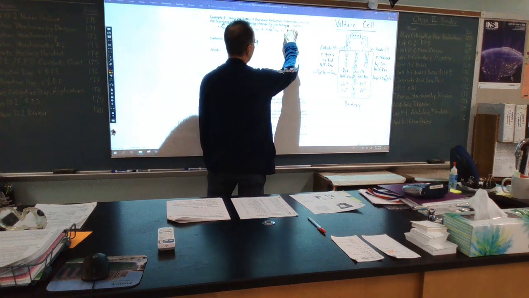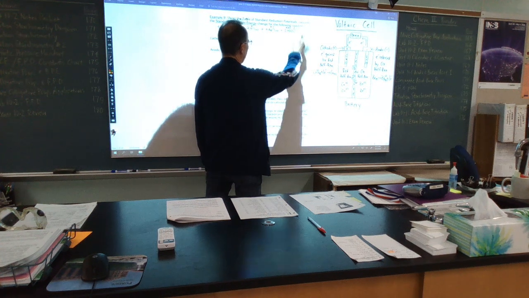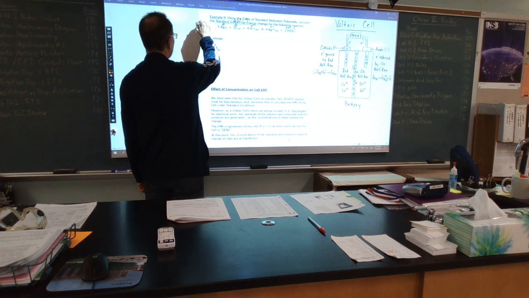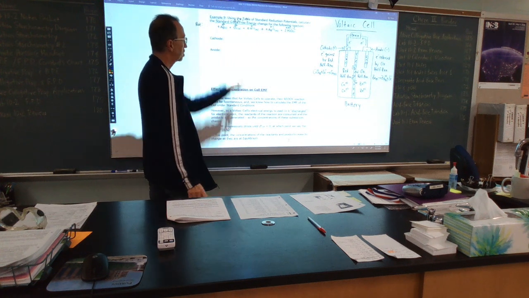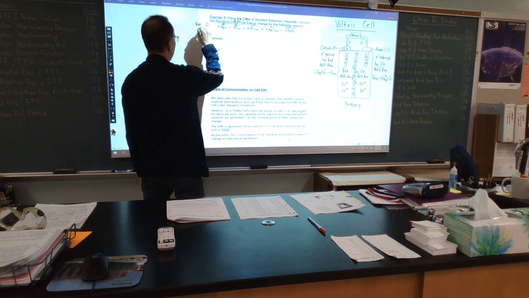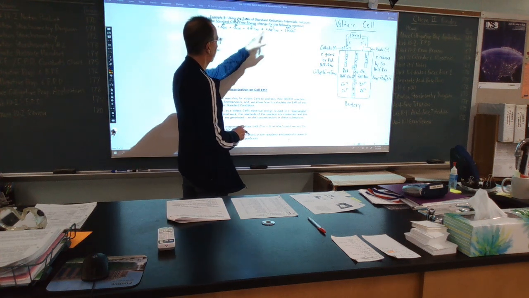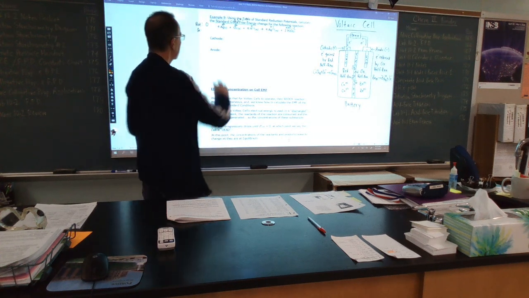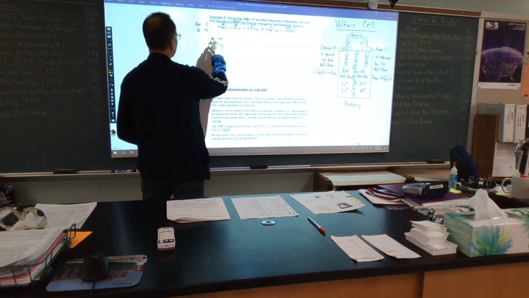And in water, of course, hydrogen is +1 and O is -2. So in looking at that, what got reduced, of course, is oxygen, going from 0 to -2. And what got oxidized is silver, going from 0 to +1. Hydrogen remained +1 throughout. So silver got oxidized.